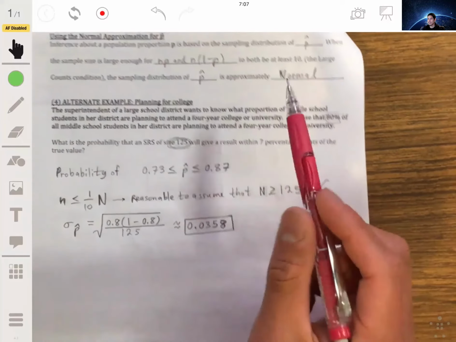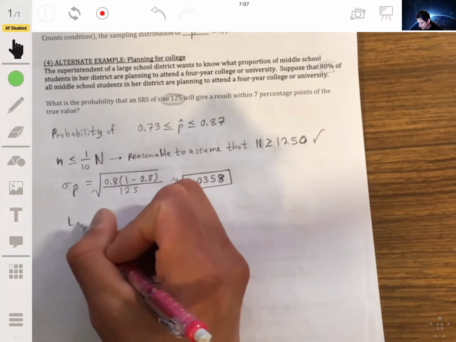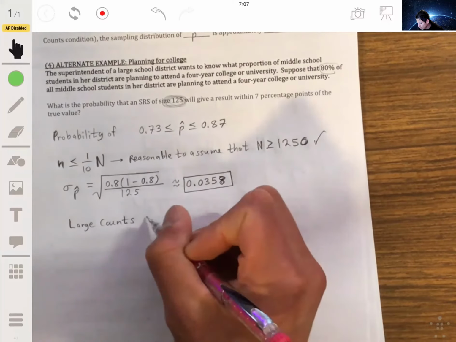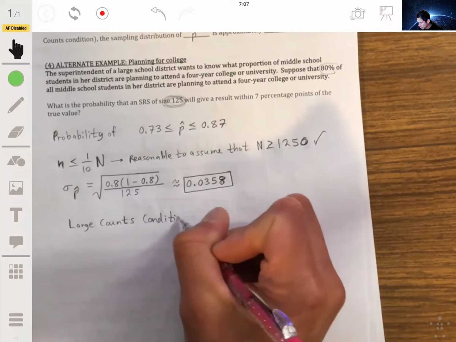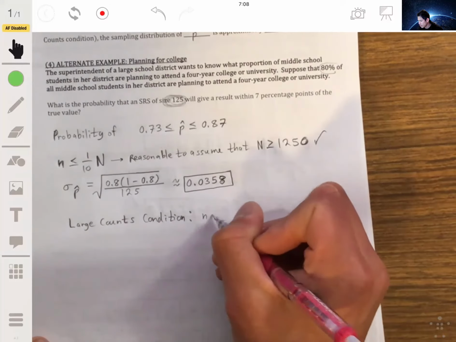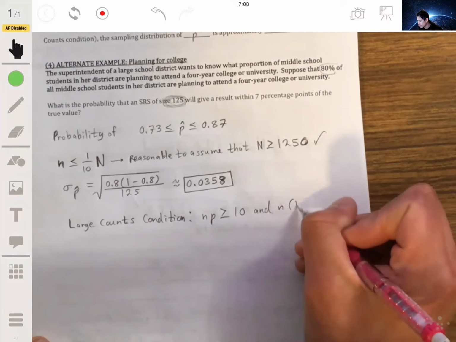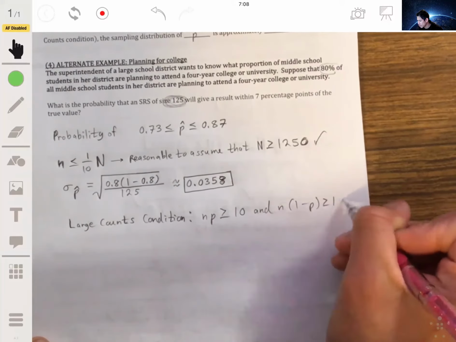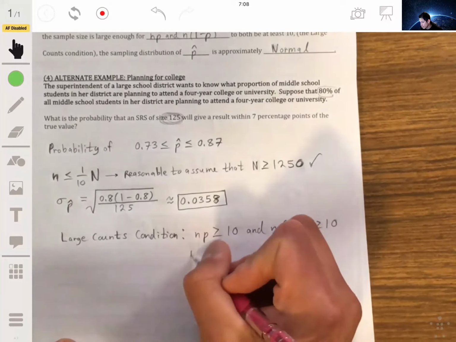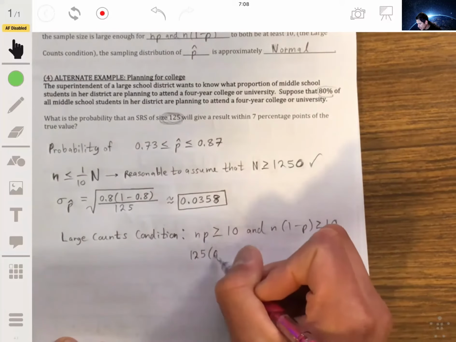So we've got to check the large counts condition. So np is at least 10, and n times 1 minus p is at least 10. And so n is 125, p is 0.8.